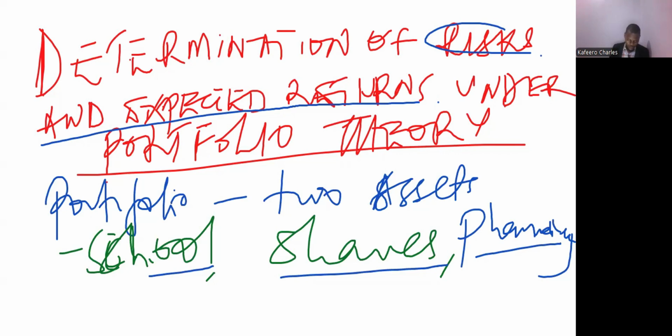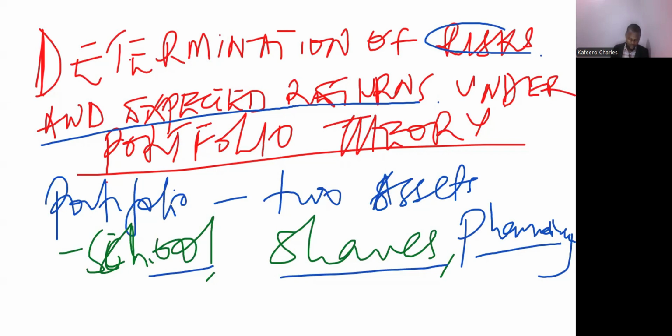Once they have given you these 3 single assets, because each of these is a single asset, you can invest in a school as a single line of business, or in shares as a single line of business. But once you are dealing with a portfolio, it means these investment projects are more than 1, but they don't exceed 2.